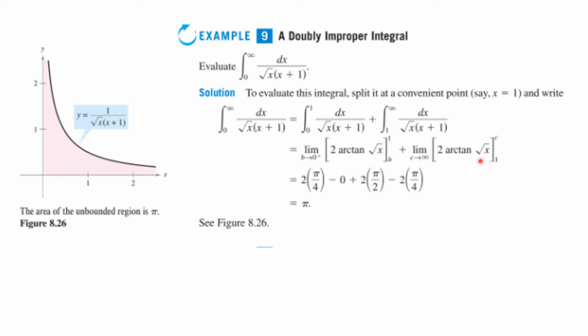Now it turns out that the arctan of 1 is pi over 4, and the arctan of 0 is 0, and so you get pi over 2 over here. Well, when you substitute those points in and evaluate b going to 0, this is what you will get. And if you do the calculation, it is pi. This is a finite area. Make sure you follow the calculations.